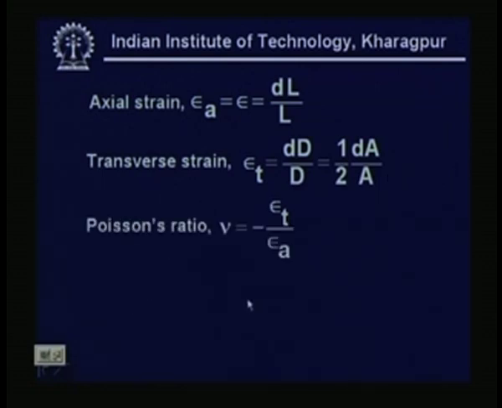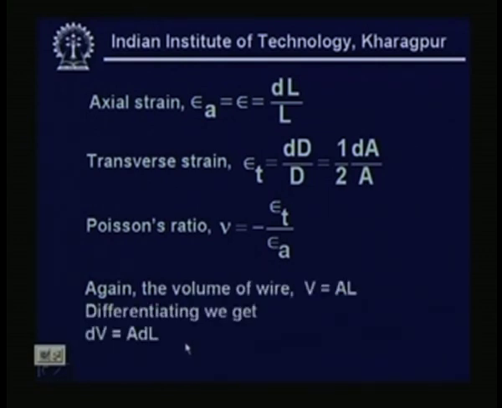Now, Poisson's ratio is defined by nu equal to minus epsilon T by epsilon L, or epsilon T by epsilon.